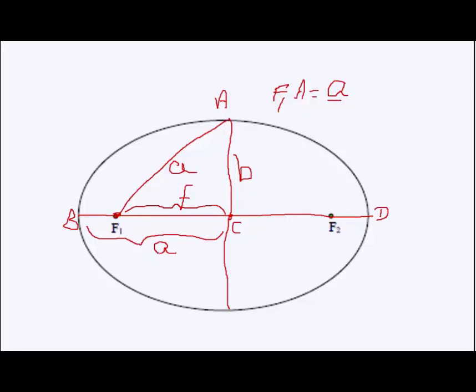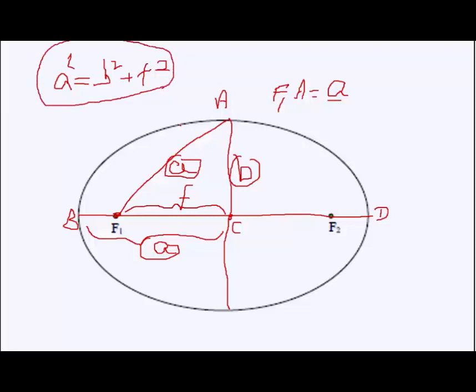You have measured a, you have measured b, you have measured F1A, which is the same as a, and you have measured the focal length f. Now, what I want you to show is that a squared equals b squared plus f squared. Use your measurements to show that this is true. Now, if this is true, what can you say about the triangle F1AC?